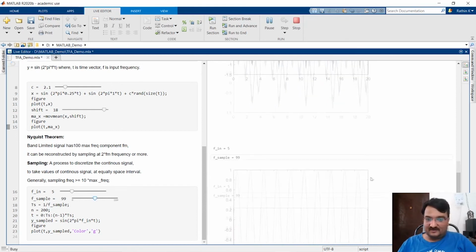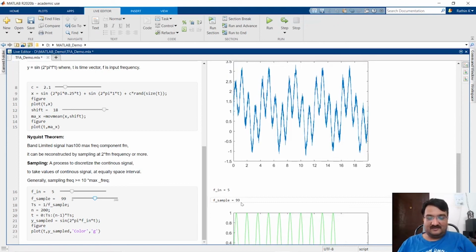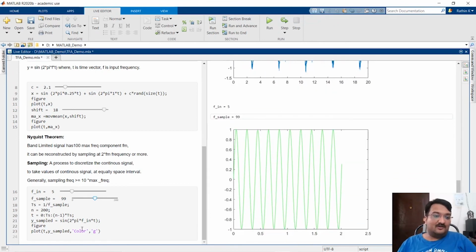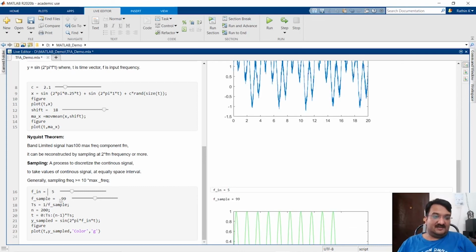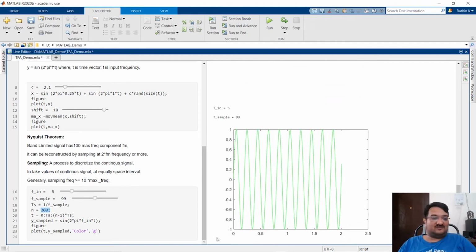fine. So you can see here your input frequency is 5, your sampling frequency is 99, which is almost 20 times that, and you are able to get a signal with input frequency 5. Sampling is around 100, so in 200 samples you will get data of 2 seconds, which is your duration.